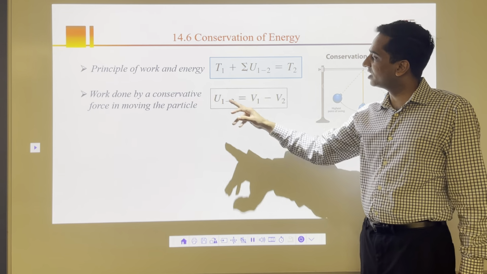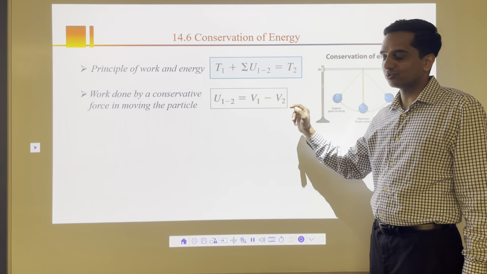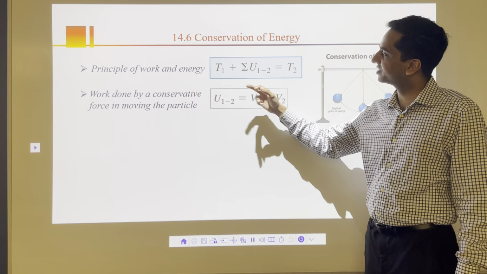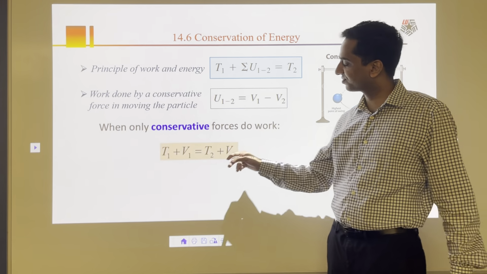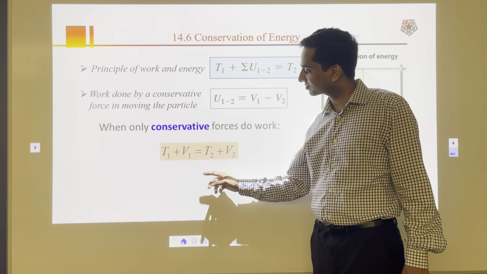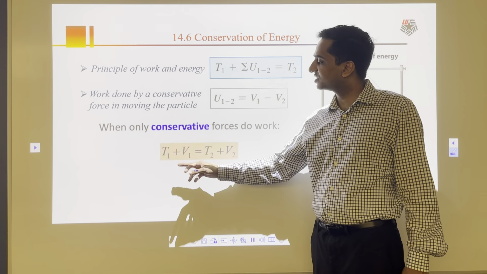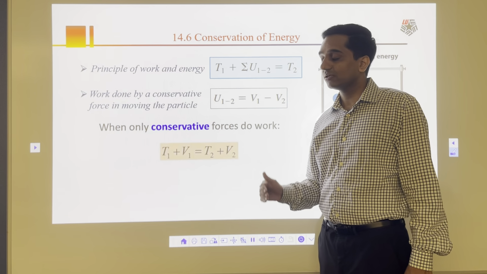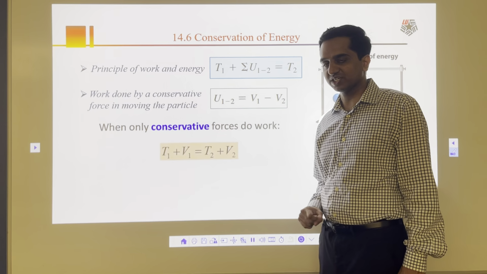I get T1 plus V1 minus V2 equals T2. Moving the minus V2 over, the equation looks like this: T1 plus V1 equals T2 plus V2. That is, initial kinetic energy plus initial potential energy equals final kinetic energy plus final potential energy.